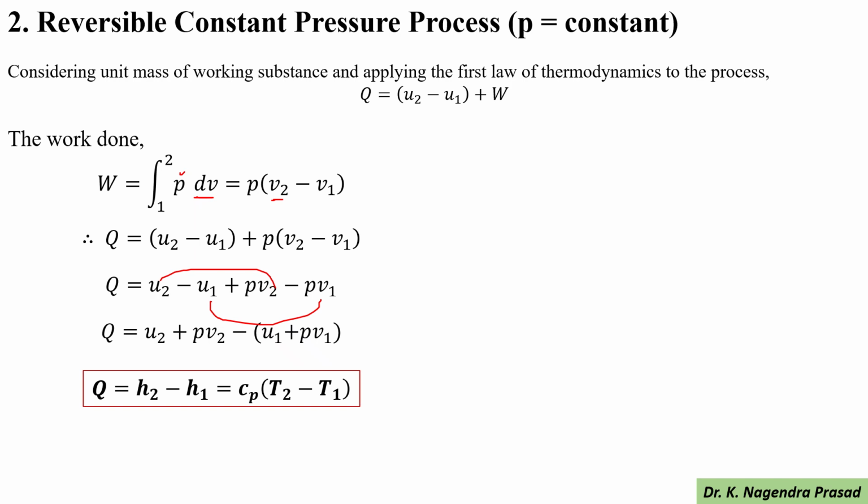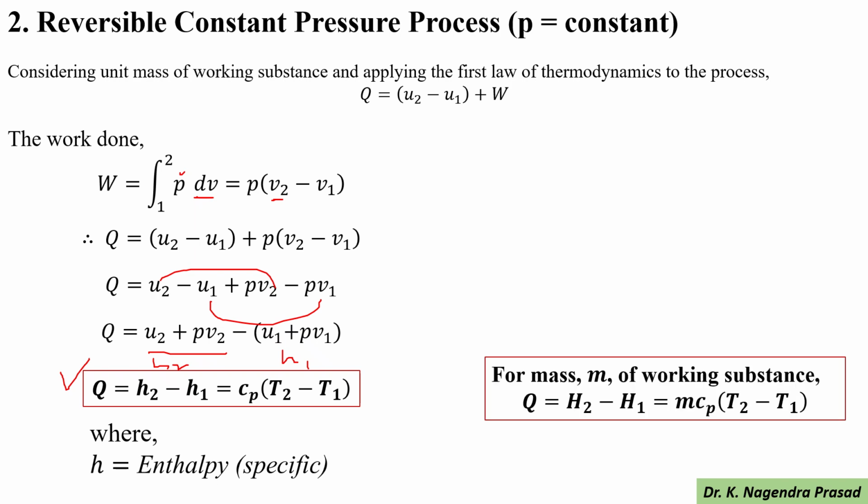Then Q becomes H2 minus H1, which, considering unit mass, is equal to Cp (T2 minus T1). So in a constant pressure process, Q equals H2 minus H1, which is equal to Cp (T2 minus T1), where H is the specific enthalpy.